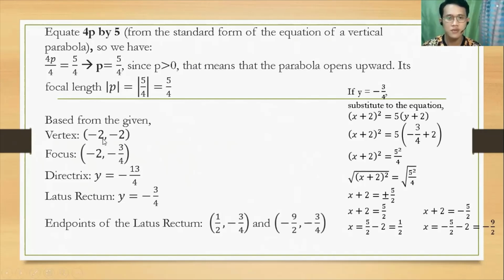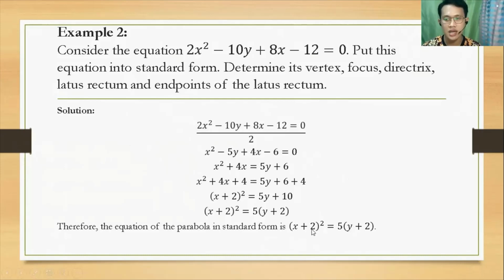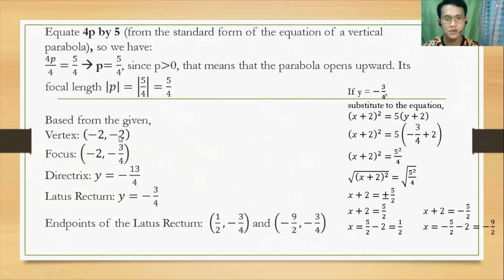How did you get negative 2? For our h, as you can see here, this is positive, so it will be negative 2. Same goes with the k: it's positive here, so it will turn into negative 2. For the focus, it will be negative 2.